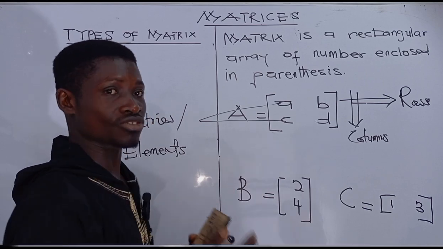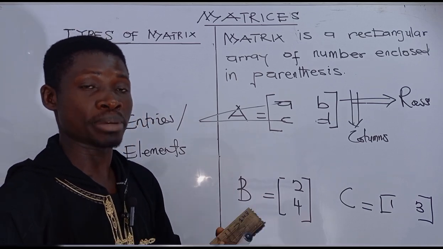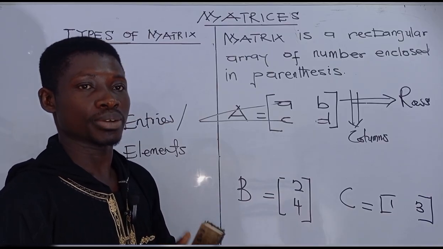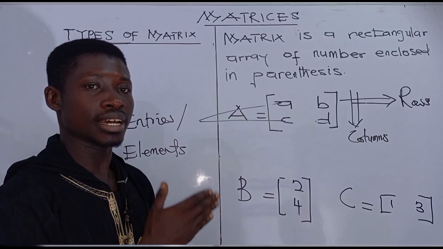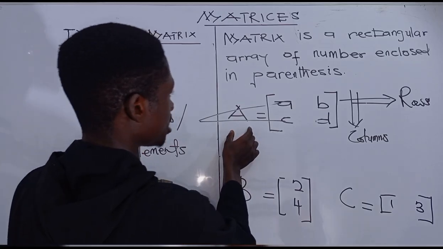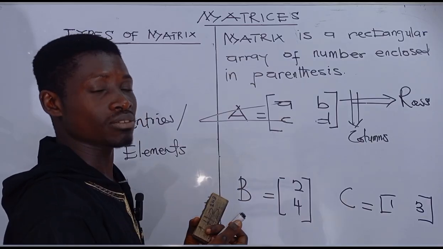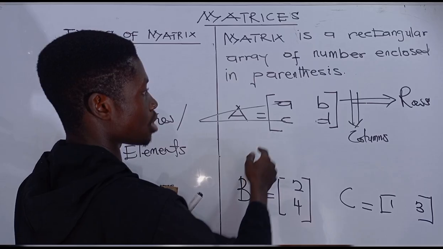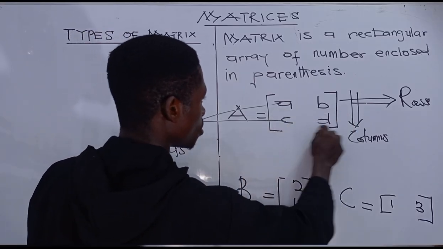A matrix can be described by using the dimension of the matrix. And when we talk about dimensions, we are referring to the number of rows and then the number of columns. So looking at matrix A, how many rows do we have? How many columns do we have? When we are talking about the rows, we have one row, two rows.